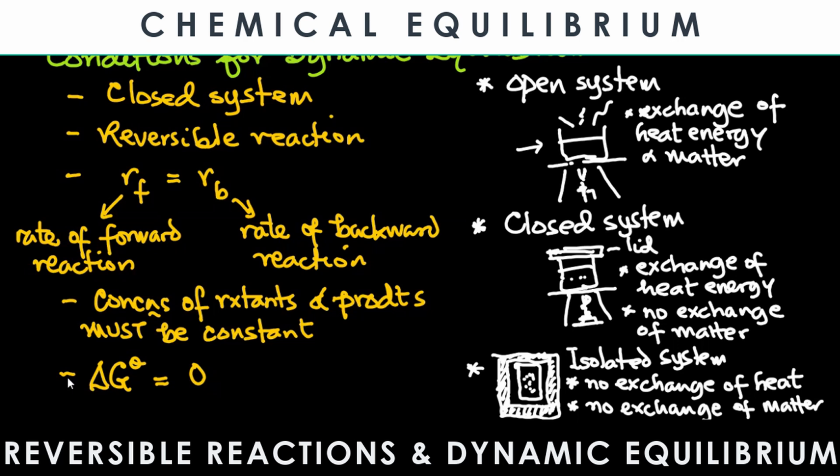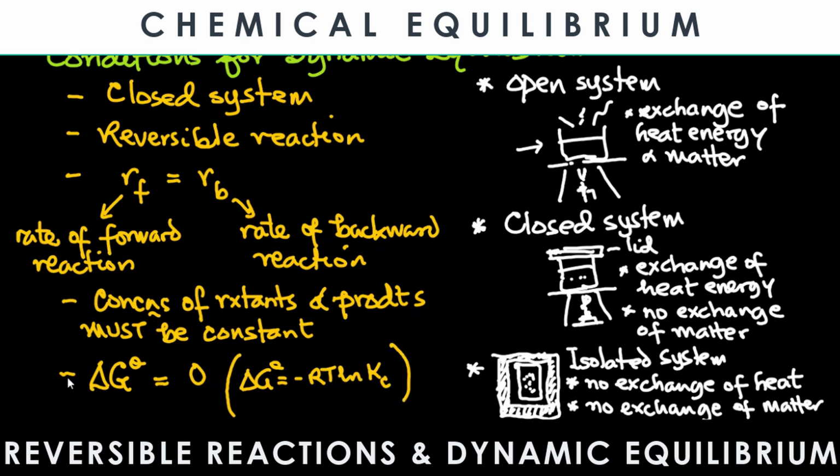And why is this so? Why will it be equal to 0? Because delta G theta for a reaction at equilibrium is equal to what? Minus RT ln K. Where K here is a what? You can call it Kc. Equilibrium constant, right?